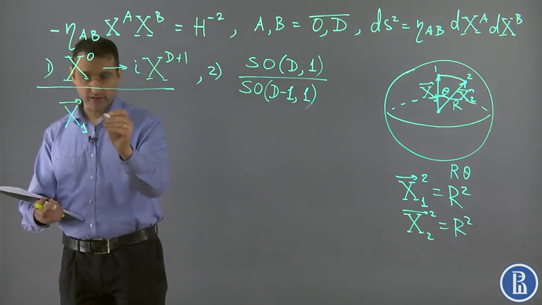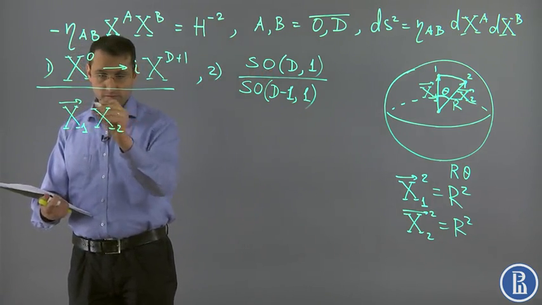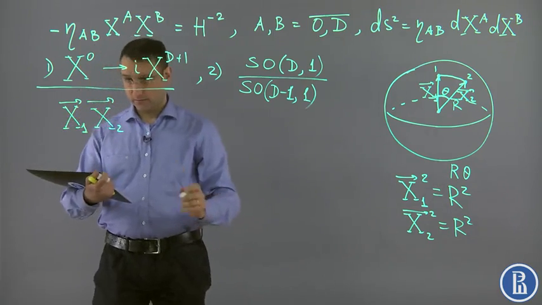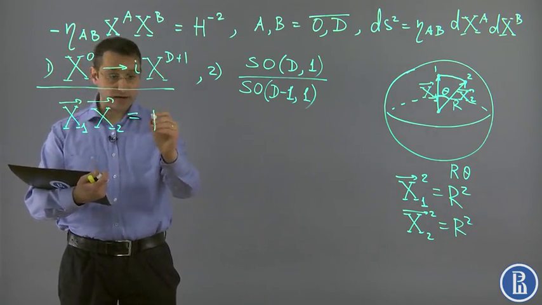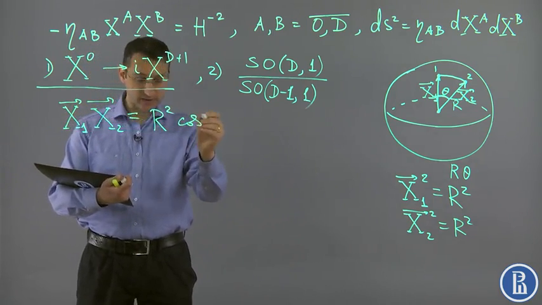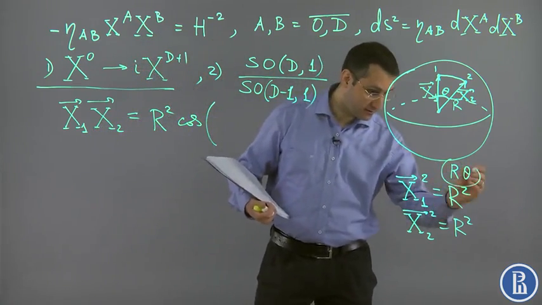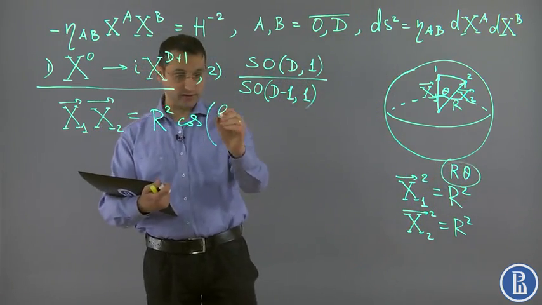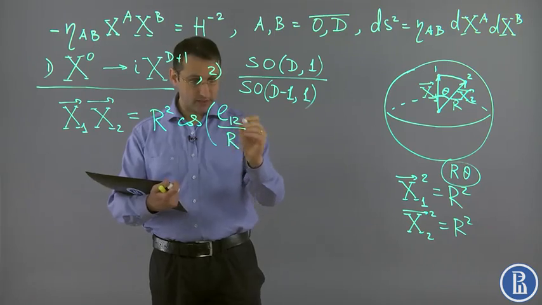On the sphere, this gives us r squared times the cosine of this angle, which is nothing but the geodesic distance between these points divided by r.